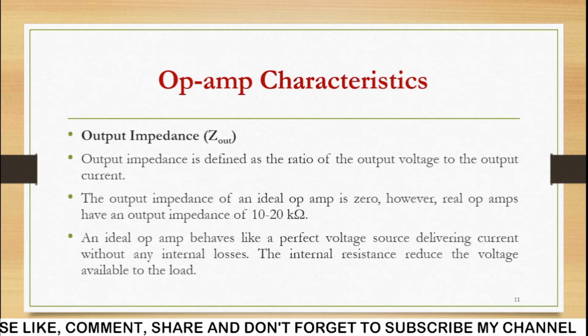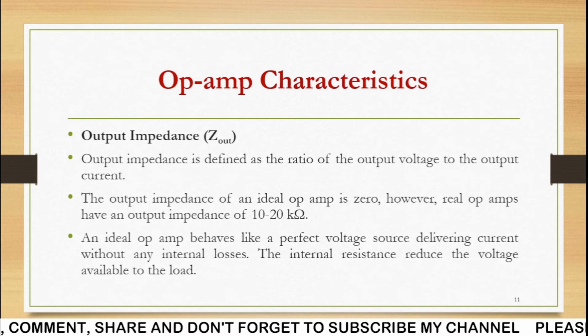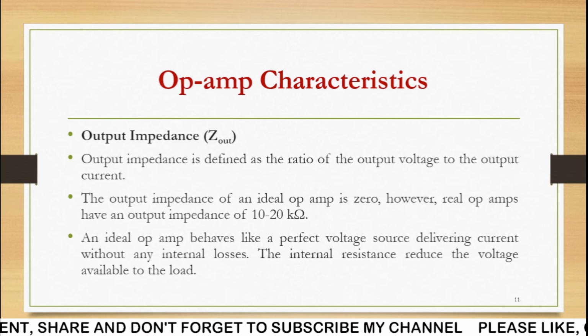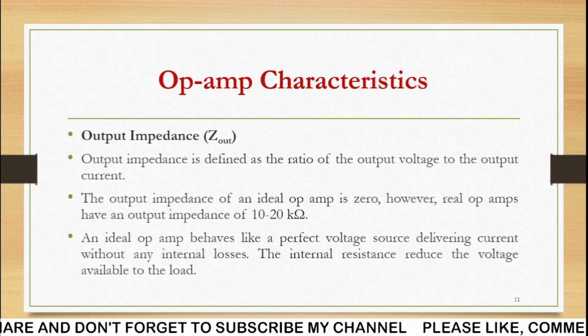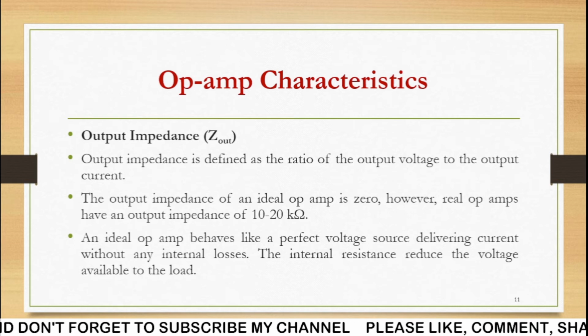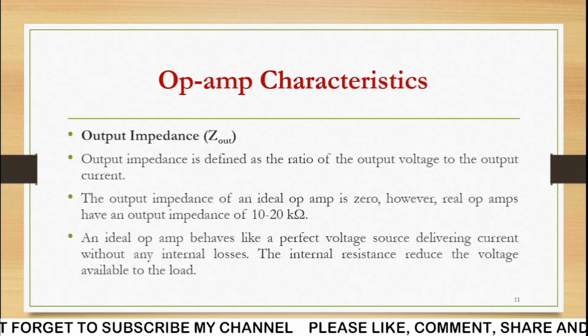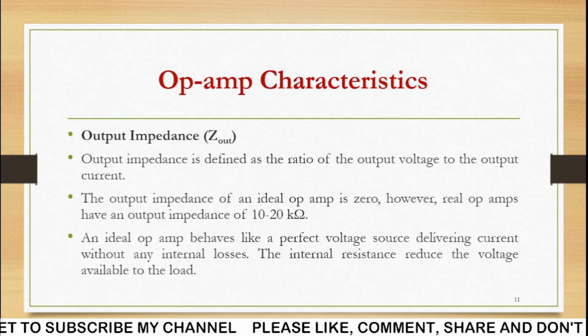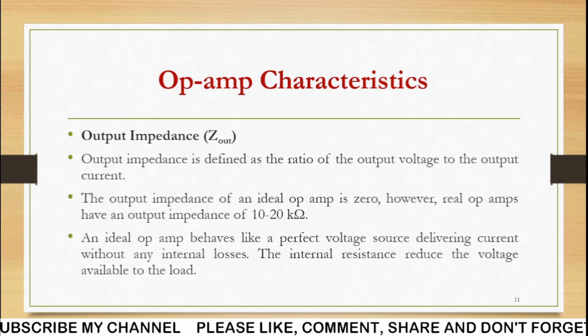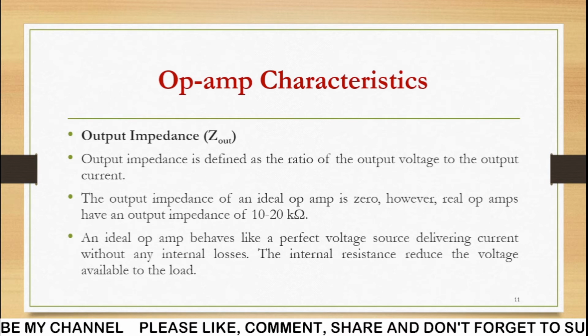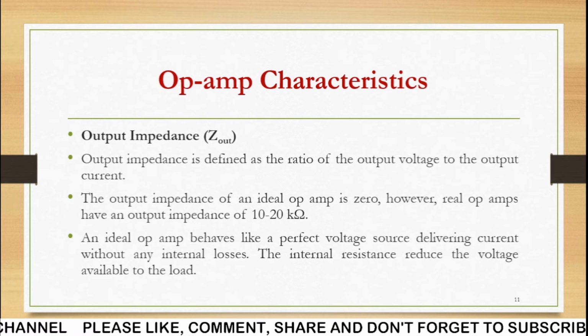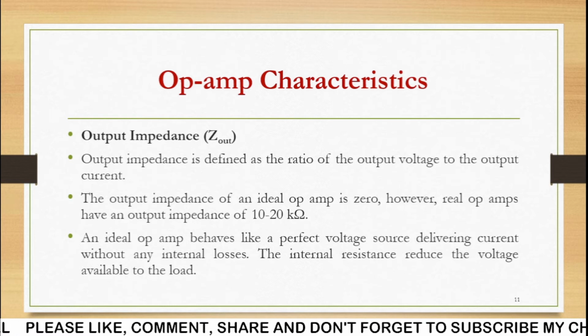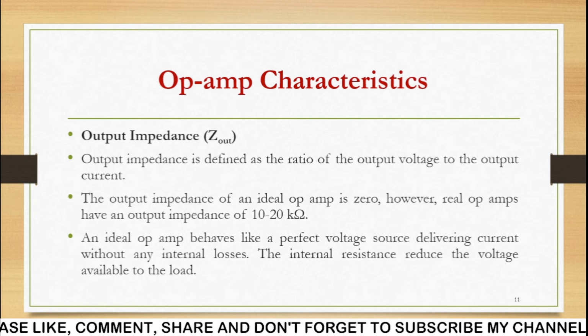In this case, the output voltage is V out, while the output current is the current flowing through maybe a feedback resistor, or if we connect a 1 kilo ohm resistor across the output, we get a current across it, which is the output current. So output impedance depends on output voltage and output current.